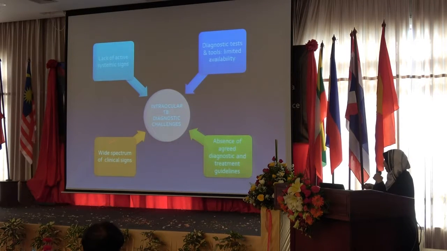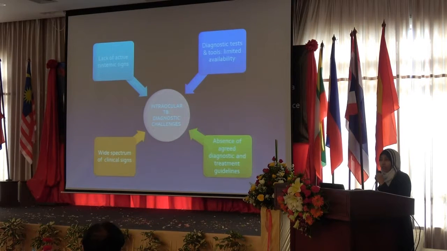The second thing is that there is a wide spectrum of clinical signs, which I will discuss later. Thirdly, we don't have standardized consensus treatment guidelines for the management and diagnosis of intraocular TB, and also the diagnostic tools. Not all the tools are available in our countries as compared to the West and the more developed countries.